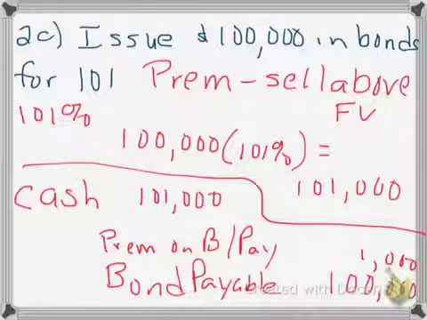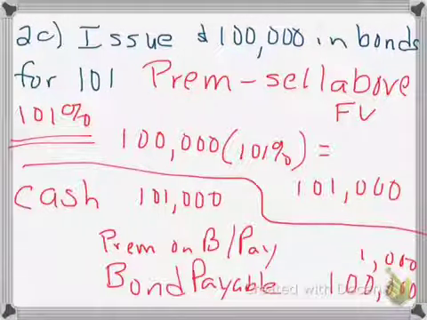We're getting $101,000 in. We have a premium on bond payable for $1,000, and our bond payable is for $100,000. So just remember that whenever you see it and it's not sold at face value, what you're looking at is a percentage. So 98 means 98%, 101 means 101%. You will have to do all three of these issuance on your final test.